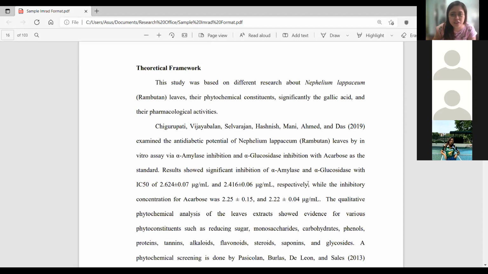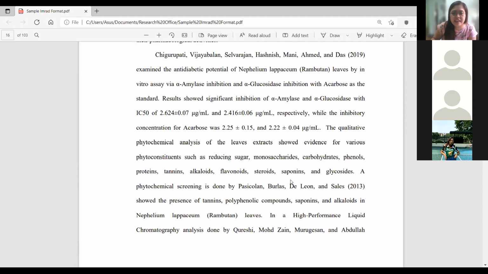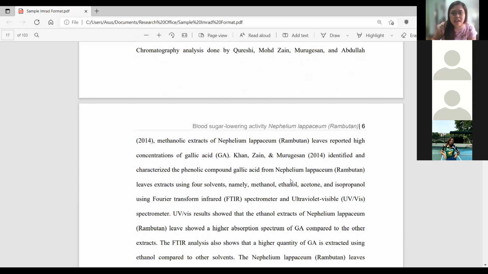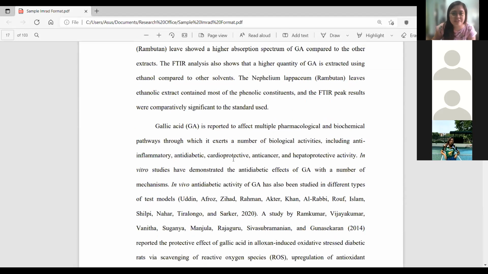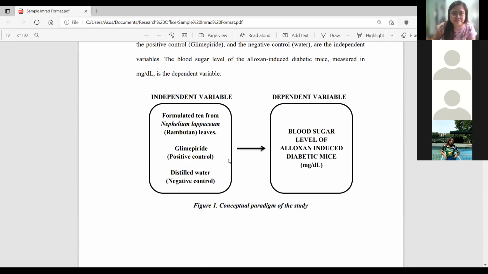According to the literature, rambutan has the following phytochemicals, and this phytochemical, also according to the literature, can lower the blood glucose level. So that is what they did for the theoretical framework, because again, since this is an experimental study, we cannot look for psychology or education theories.